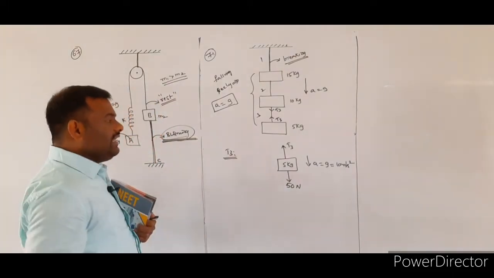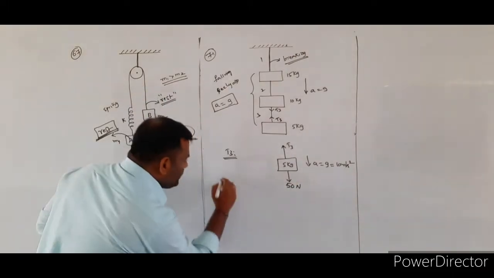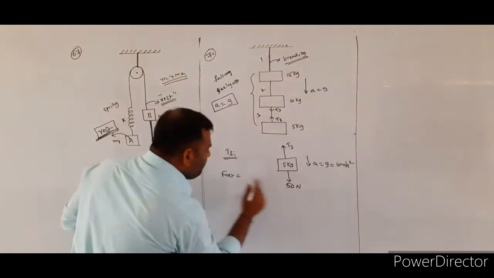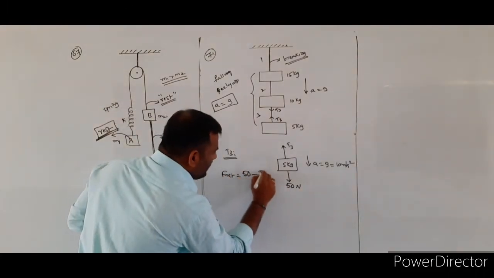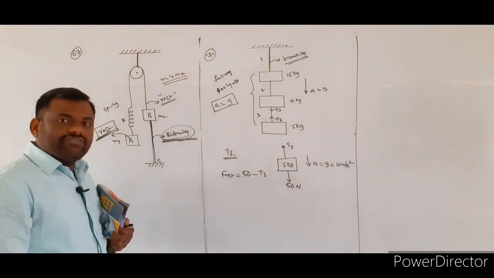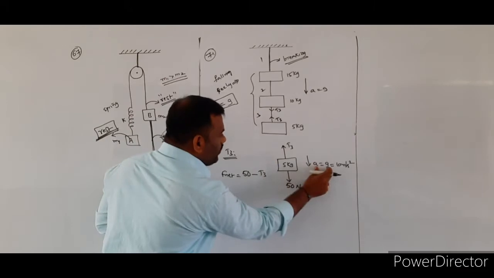Now if the system is moving in the downward direction, the net force is 50 Newton minus T3. F net is equal to mass into acceleration.